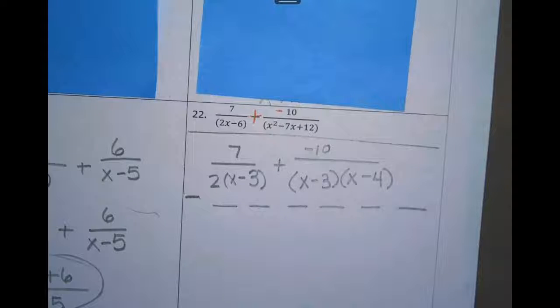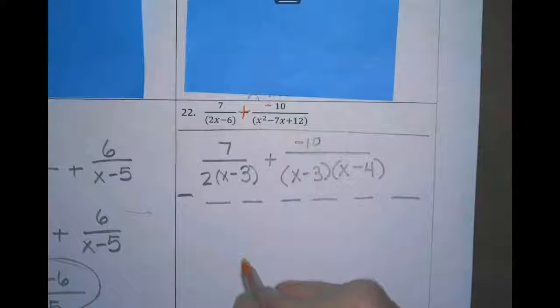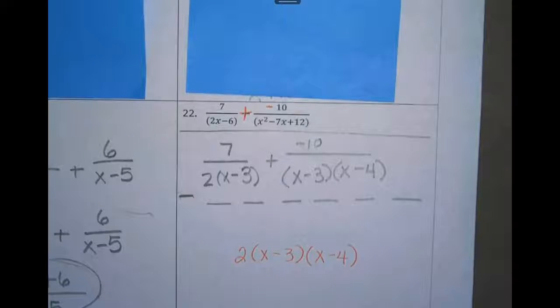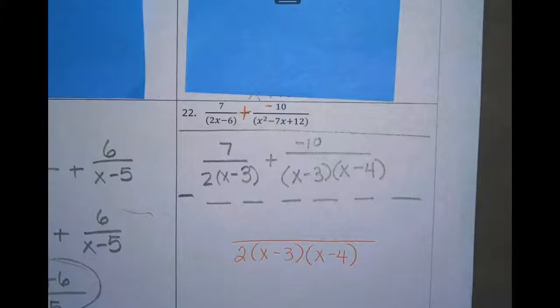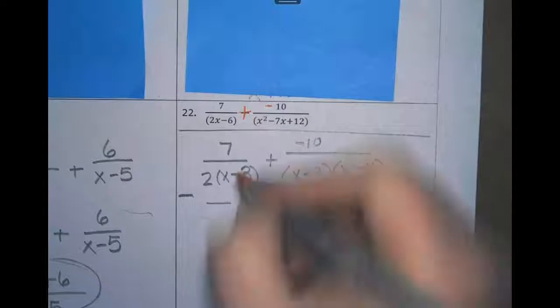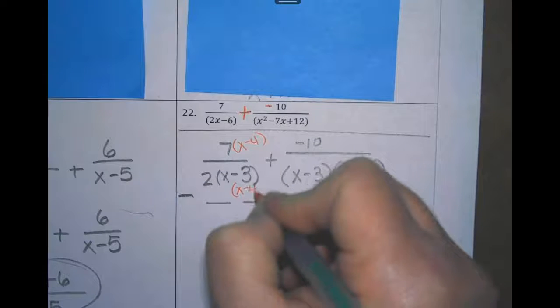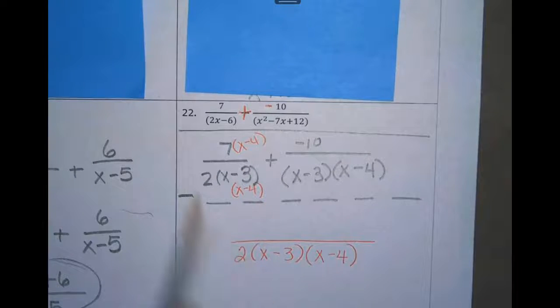Next step. My common denominator is going to be 2 times x minus 3, x minus 4. I already have an x minus 3. I need an x minus 4. I compare this denominator to that denominator. I'm going to need an x minus 4 to make the denominators the same.